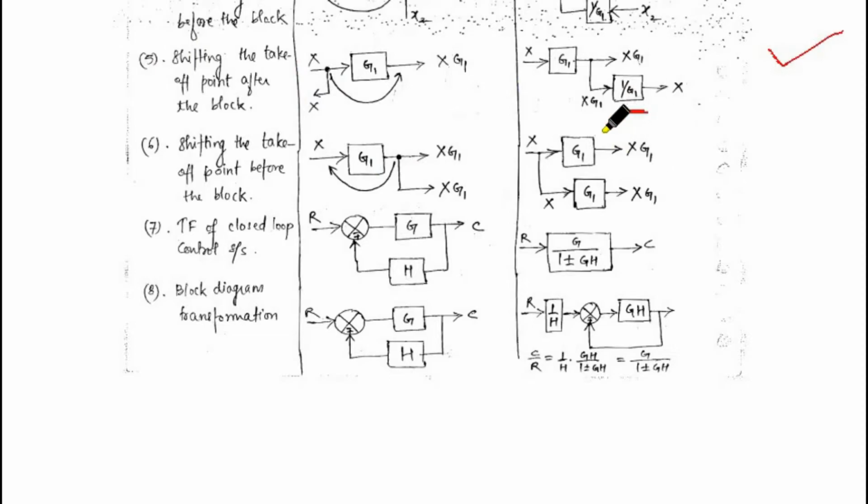Previously, if you were shifting a summing point, you had to multiply with G1. If you are shifting a takeoff point, then you have to do exactly the opposite, 1 divided by G1. And in the summing point case, you are multiplying that signal with 1 by G1, and in the takeoff point you have to do the exact opposite, multiplying with only G1.